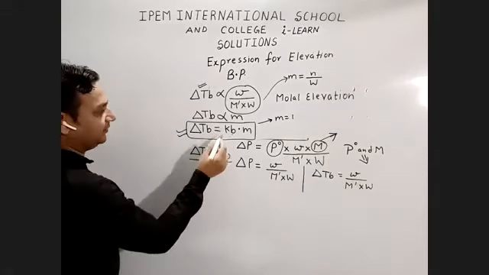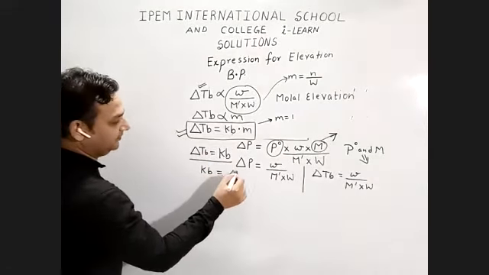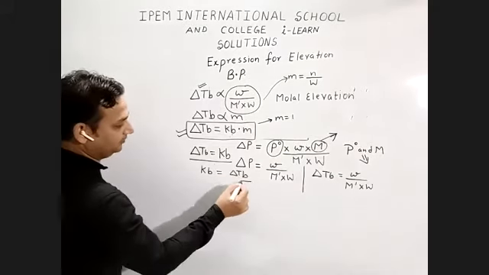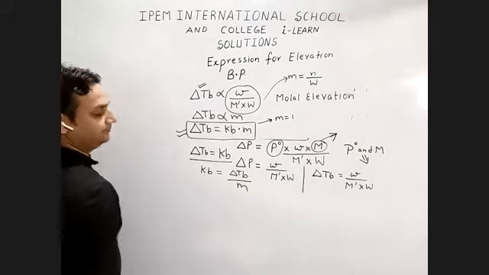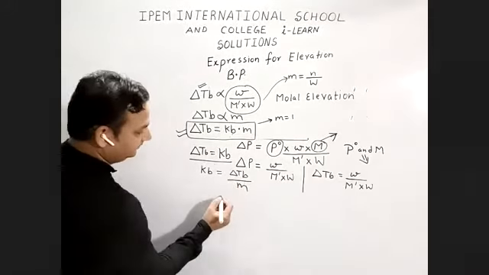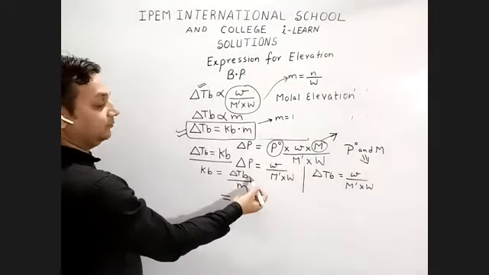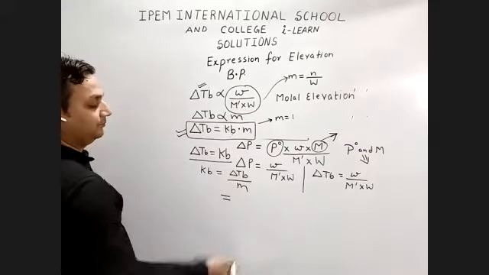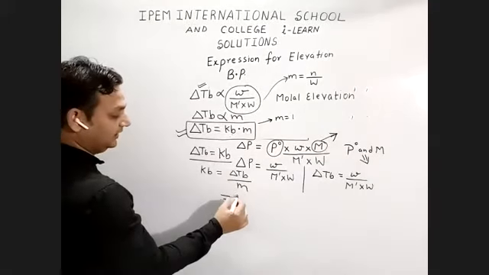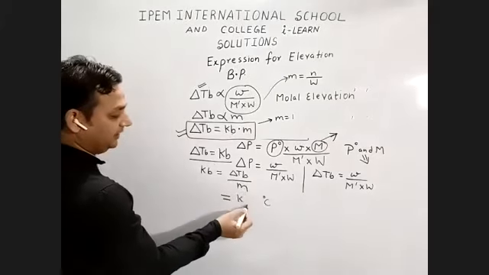And the Kb unit you can derive from here. Kb is equal to delta TB, change in temperature, upon molality. So what will the delta TB unit be? Hurry fast. Delta TB, what do we write here? Kelvin or centigrade.